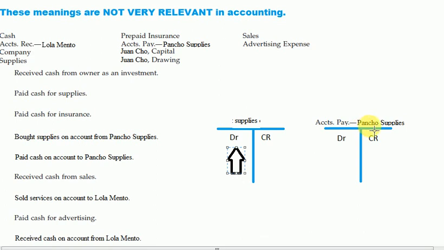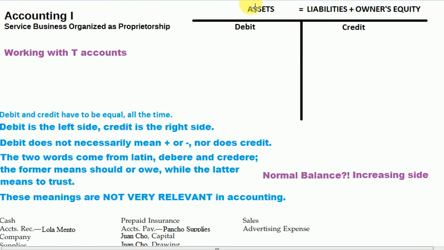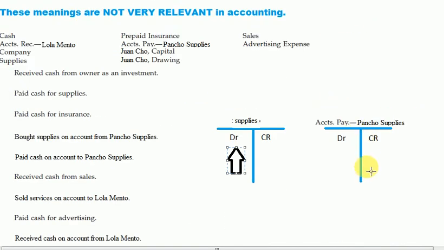Accounts payable, Punctual Supply, is a liability. When you go to your T account, you see that liability is on the right, so it increases on the credit side. In this case, do we increase our liability? Definitely. Here you are getting supply without paying, so your debt increases, and it increases on the right, on the credit side. Again we see a mirror image, debit and credit.